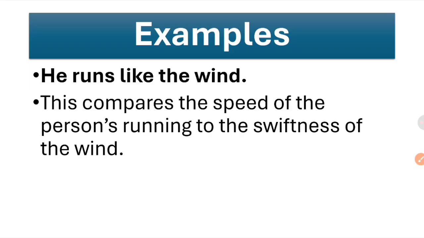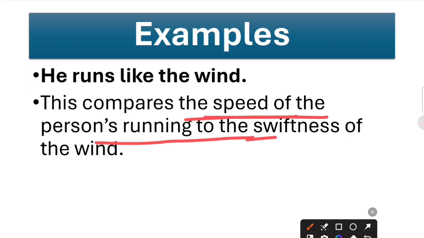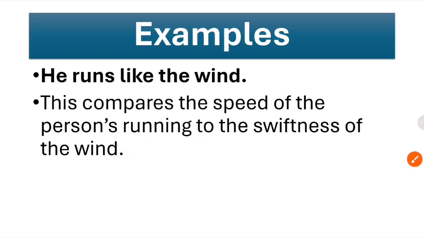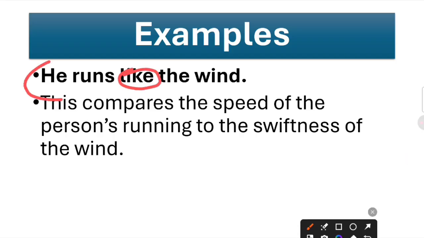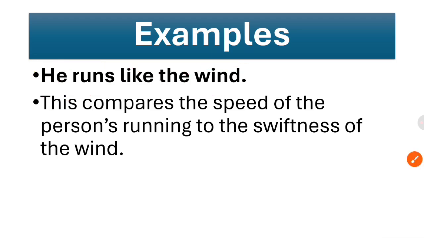So he runs very swiftly, you want to say here, but you are saying it by using the word like. That means you are comparing this running with the speed of the wind. You got it? So this is a comparison between two different things.